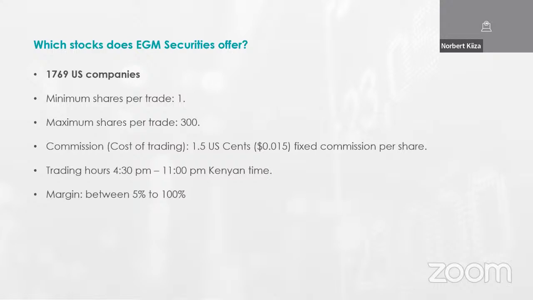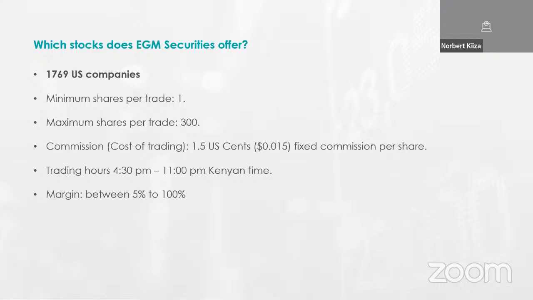Then for each contract, they can trade as many as 300 shares per contract. Then when it comes to the cost of trading, you will be charged a commission of 1.5 US cents per share. So it's fixed per share at 1.5 US cents.